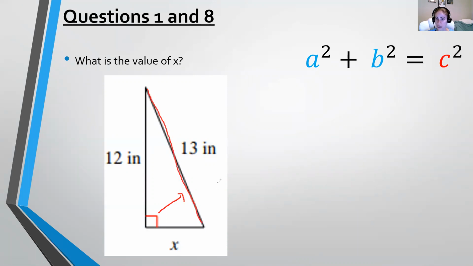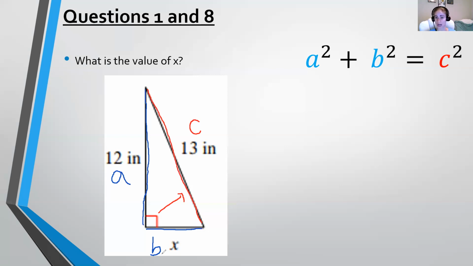So 13 inches, that side is our C, which means the other 2 sides become our legs, so our A and our B. I usually make the first one my A, so 12 inches is A, and then the second one is B. So B is our X. B is what we are trying to find. That's the missing side. So that's step 1.